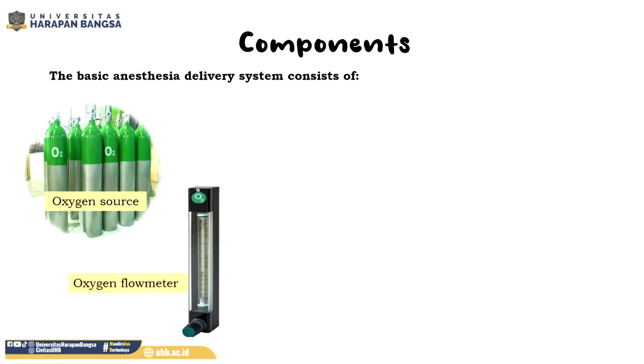It is to keep the flow of oxygen at a set point to keep everything consistent, and this is a vaporizer, that is to take the liquid from the anesthetic and transform it into a vapor so that the patient can inhale it.